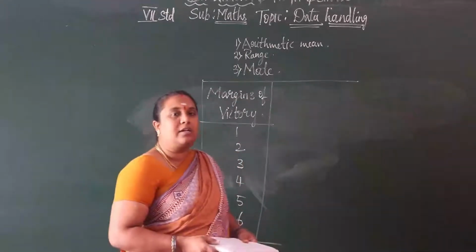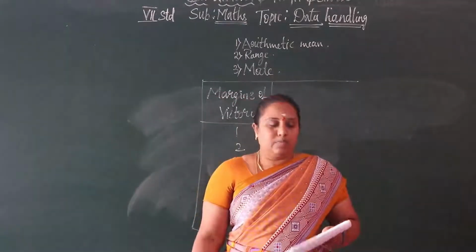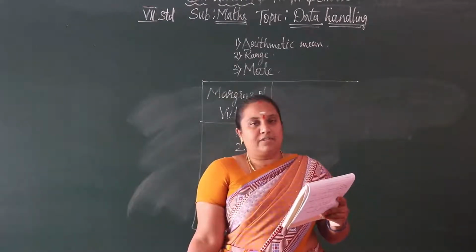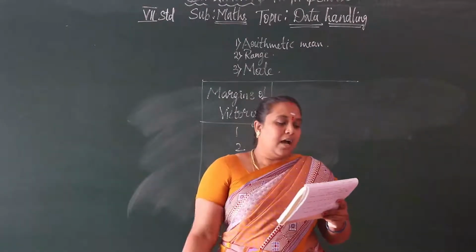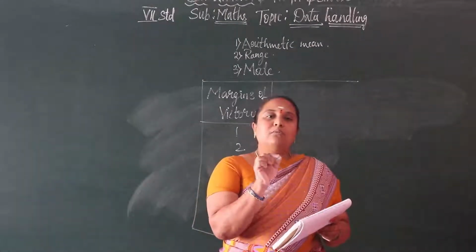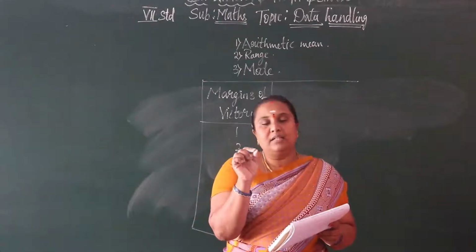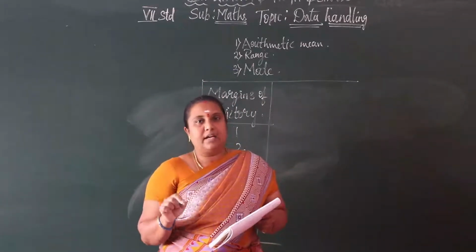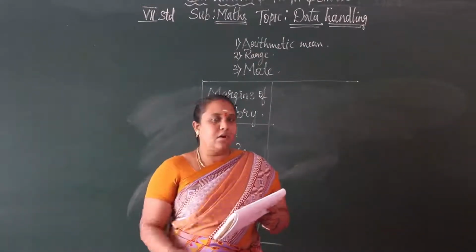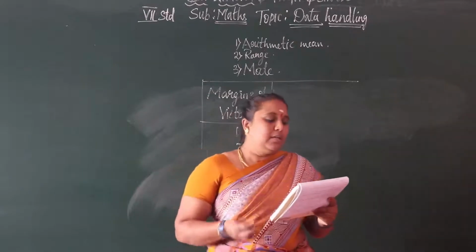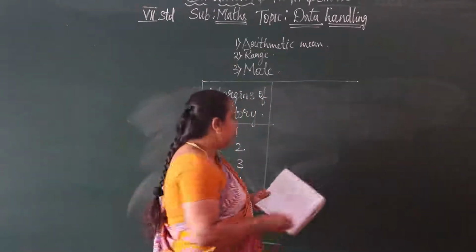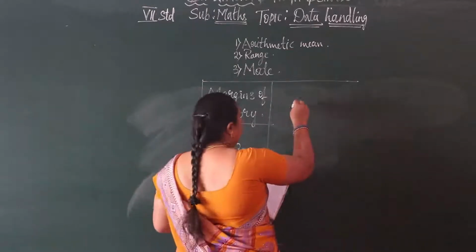Check it once in your textbook. How many times is margin of victory 1 there? You should count how many 1s are in the given data. We have 9 ones, 9 times margin 1.